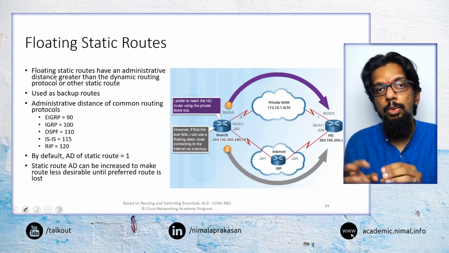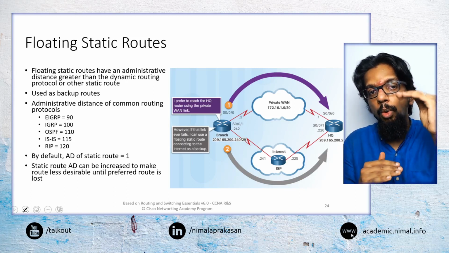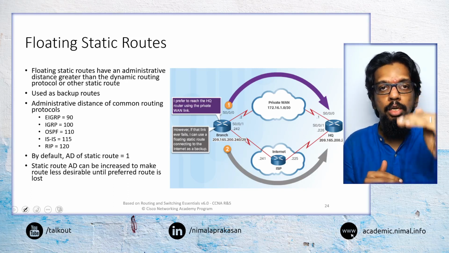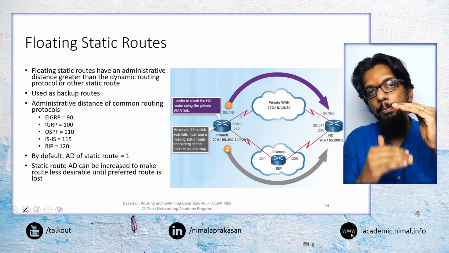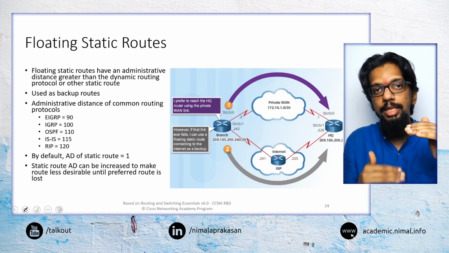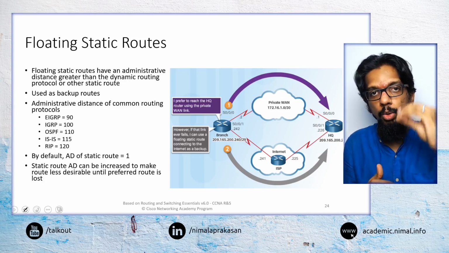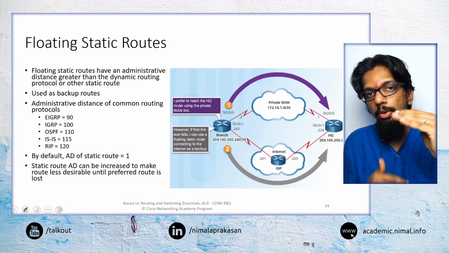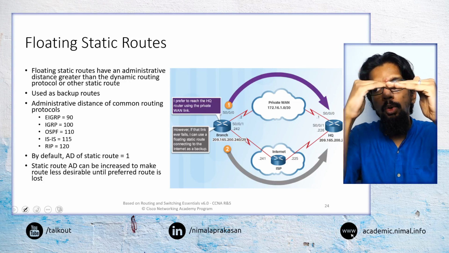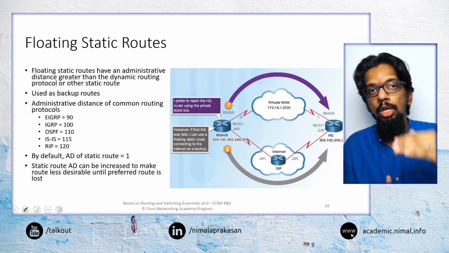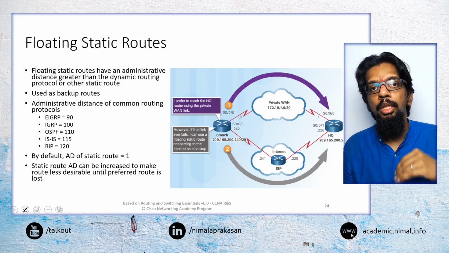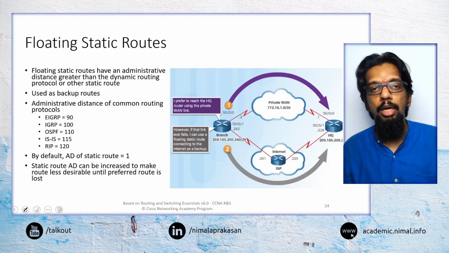As we previously looked at, in floating static routes, the chosen link, the backup link, will have to be prioritized less than other routing possibilities, other routing protocols, or even static routes. We want to bring the priority of the backup link further down, so we'll have to bring it to a number that is below other routing entries.